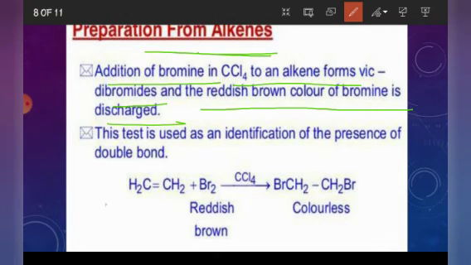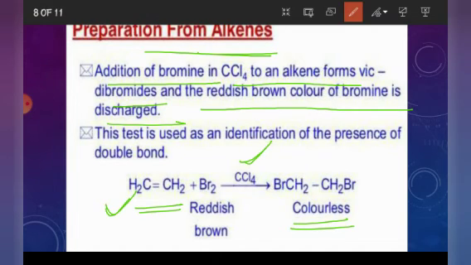See what is being done. Here we have taken one alkene, which is ethene, and we have added Br2 in CCl4. The product we got is a vicinal dibromide. This is a haloalkane.